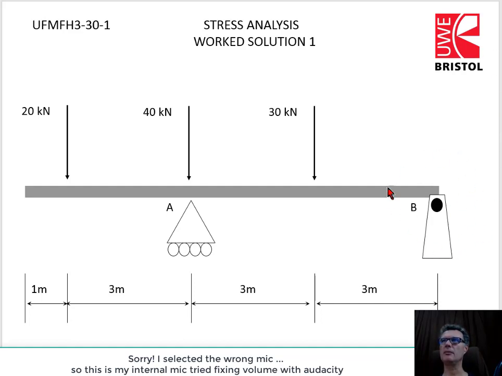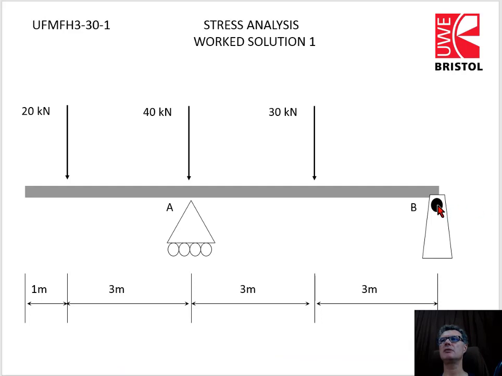So anyway, let's start. We've got a hinge here, so I'm going to have a reaction at the hinge going horizontally, and a reaction going vertically. Because it's a hinge, you can set those reactions to point in any direction you want. You could have the normal reaction going from right to left or from left to right.